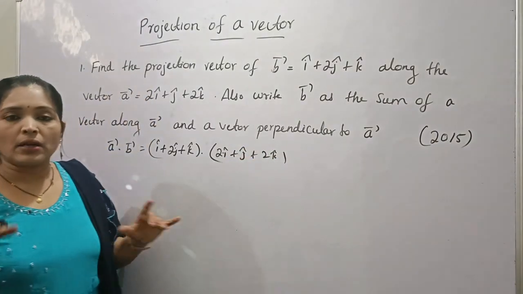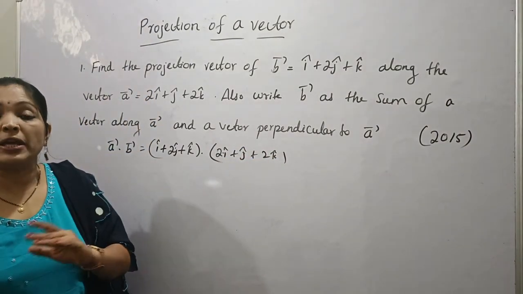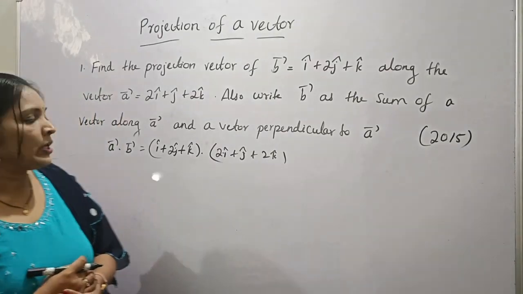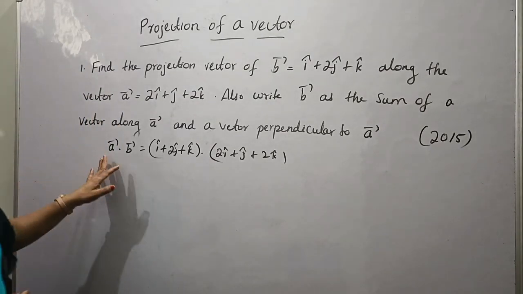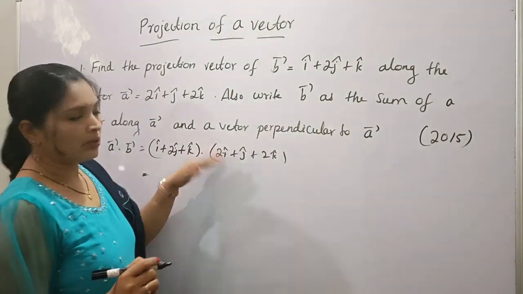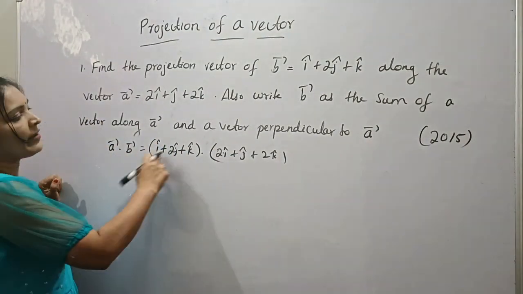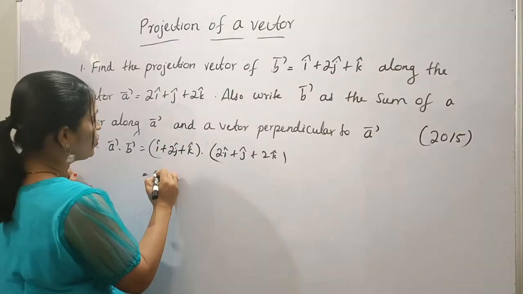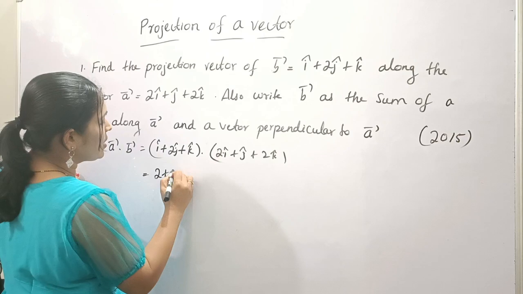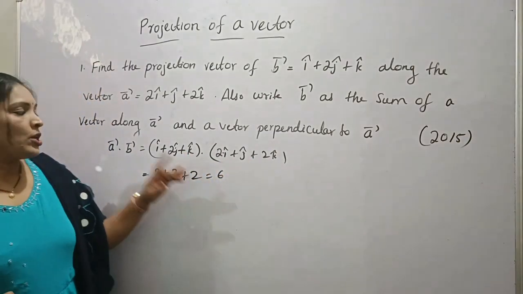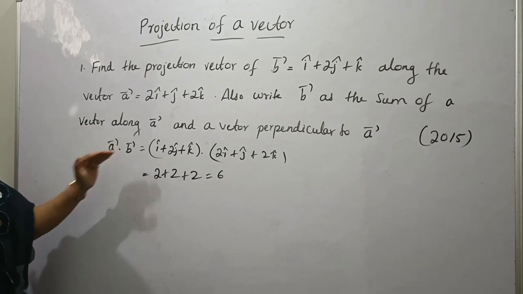Here notice that vector A dot vector B is equal to vector B dot vector A, because it is commutative. So vector A dot vector B is A1 B1 plus A2 B2 plus A3 B3, that is 1 into 2 is 2, plus 2 into 1 is 2, plus 1 into 2 is 2, that is 6.